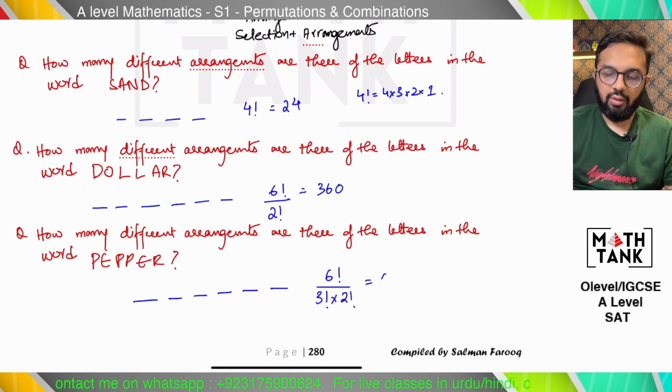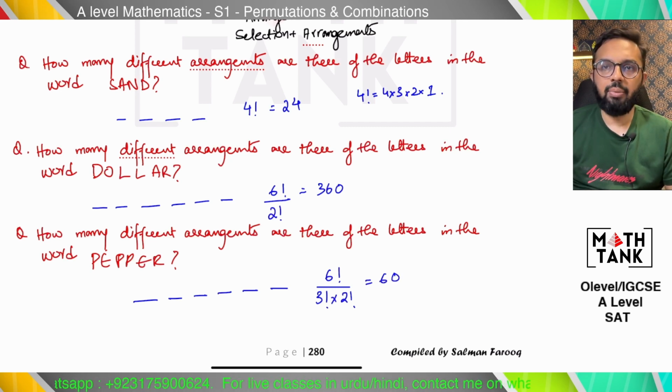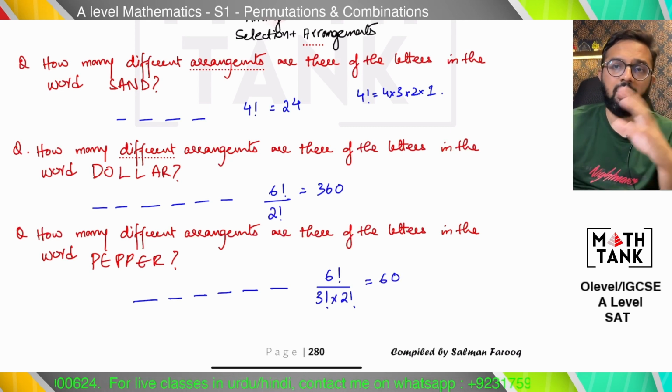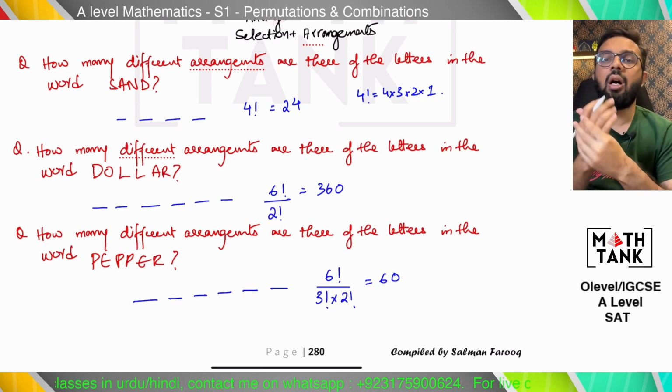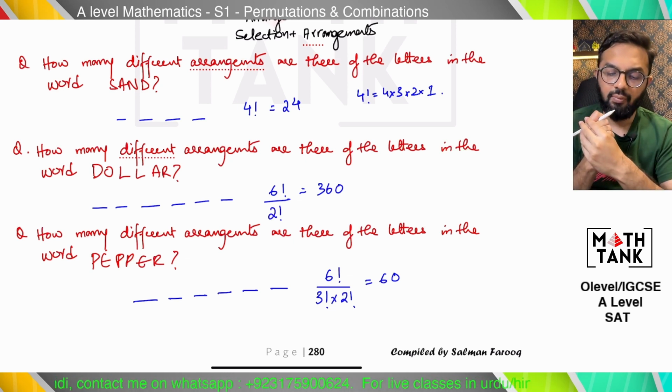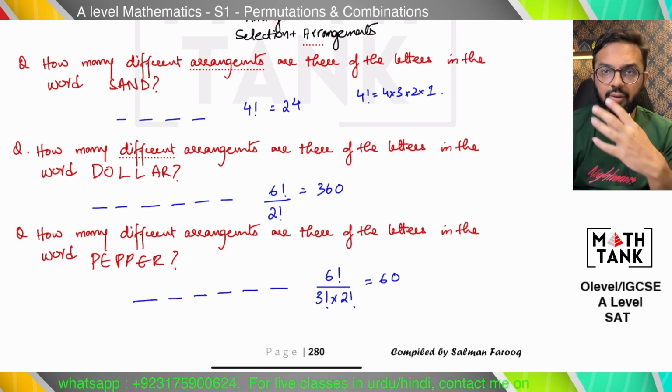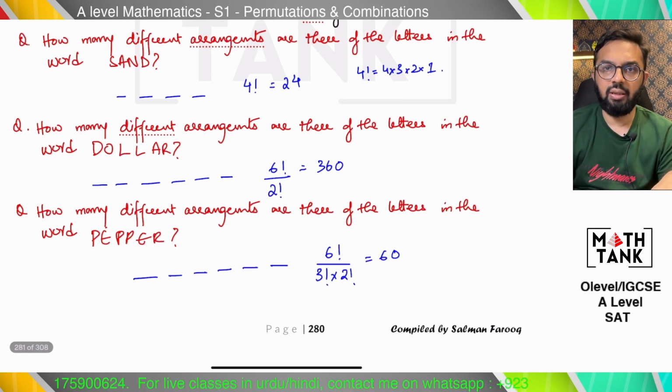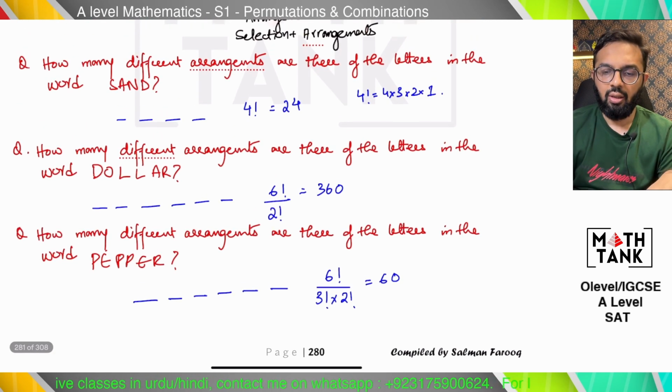You can see that the number of arrangements start decreasing because there are so many repetitions. There's so much double counting. That's the basic idea of permutations of letters.